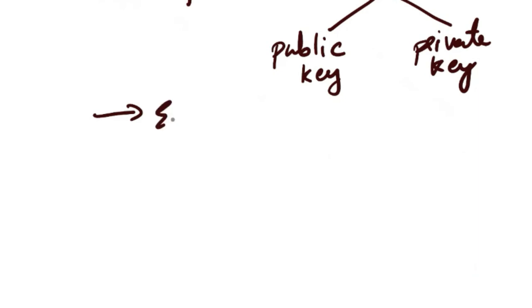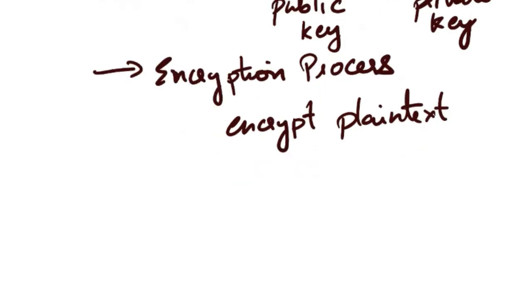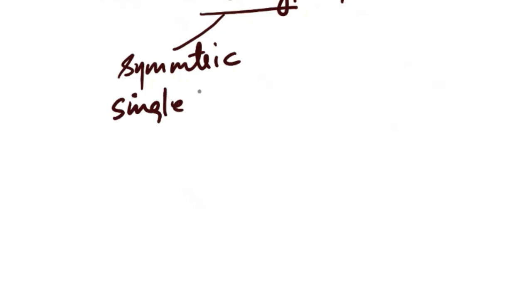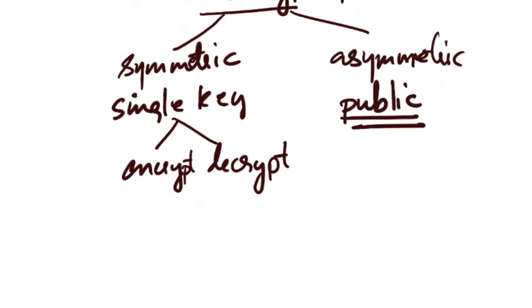Next is the encryption process. Use the selected algorithm and keys to encrypt the plain text. In symmetric encryption, the same key is used for both encryption and decryption, but in asymmetric encryption, the public key is used for encryption and the private key is used for decryption.